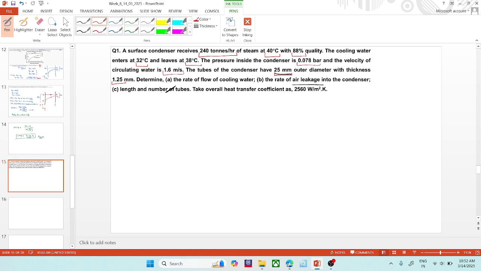Then we have to determine the rate of flow of the cooling water, the rate of air leakage into the system, and the length and number of the tubes. The overall heat transfer coefficient is given as 2560 watt per meter square Kelvin.